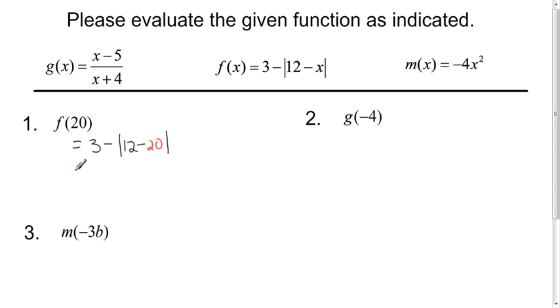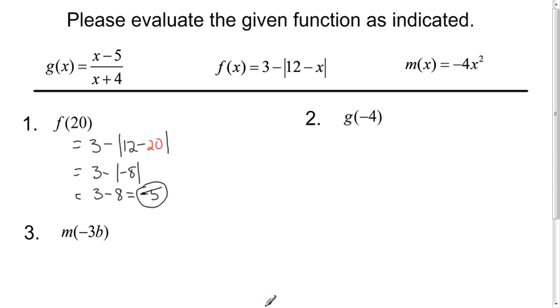Okay, I'll take a second to simplify that. 3 minus the absolute value of 12 minus 20, which is -8, which is equal to 3 minus the absolute value of -8, which is 8, which is equal to -5. So the way this can also be looked at is that -5 is the output when the input is 20 for the function f of x.